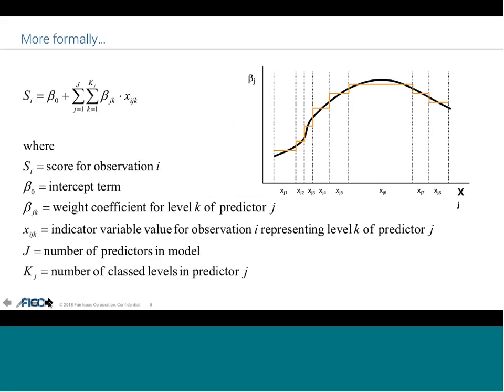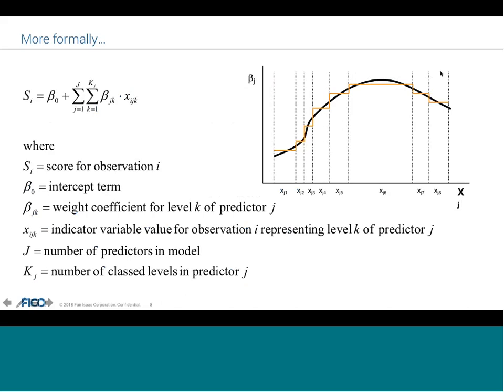Okay, for a more formal definition with an equation, what we're out to do is score observation I. I used the very simple example on my previous pages of a single variable in the model, X. This expands it to a much more realistic scenario, which is there are J number of predictors in the model, J variables, each binned in their own appropriate fashion with K number of class levels, as depicted in the graph on the right-hand side.